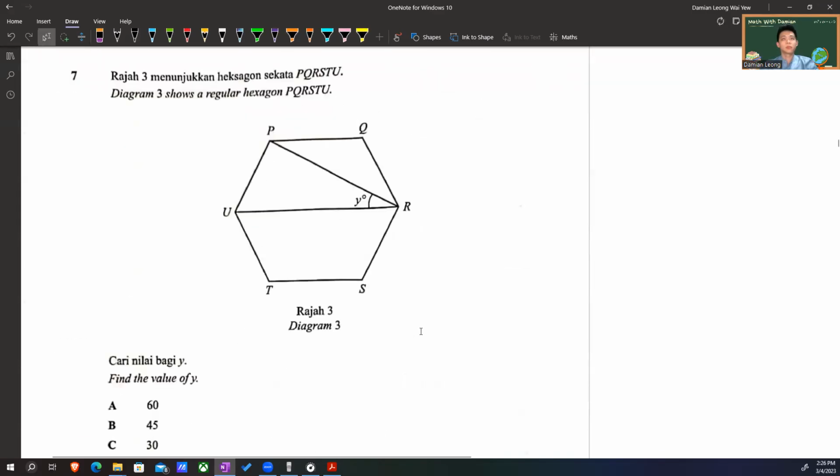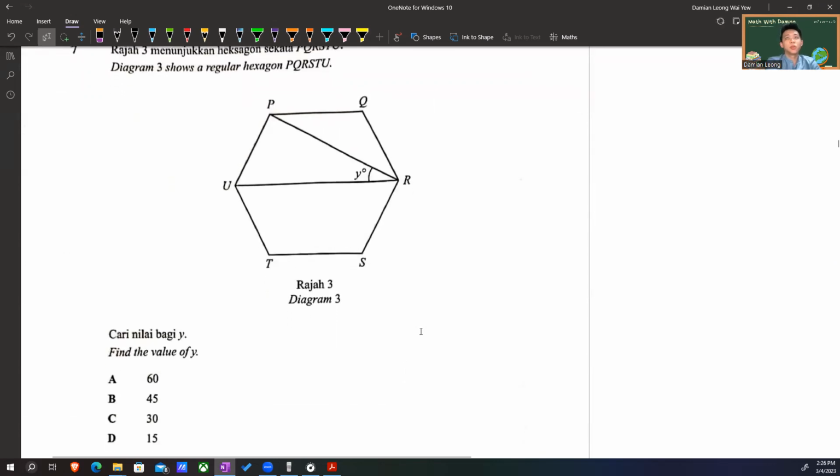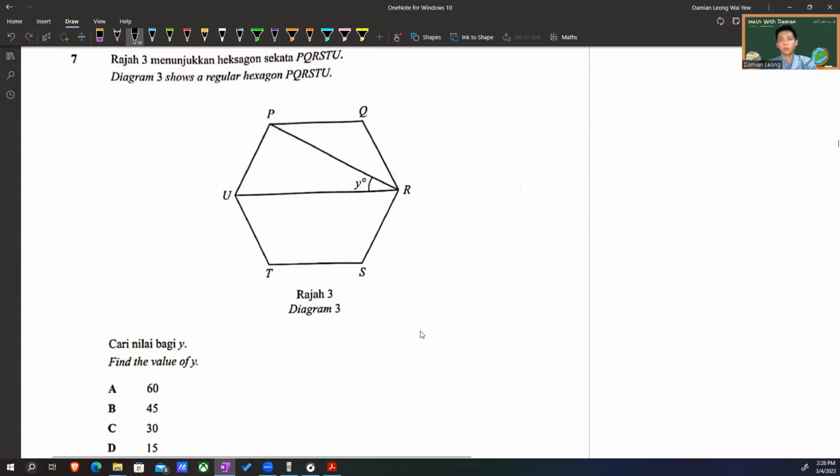Question 7. Diagram 3 shows a regular hexagon PQRSTU. Whenever we see a regular polygon, we always want the interior angle of the shape. Each interior angle is the same because it's a regular polygon.